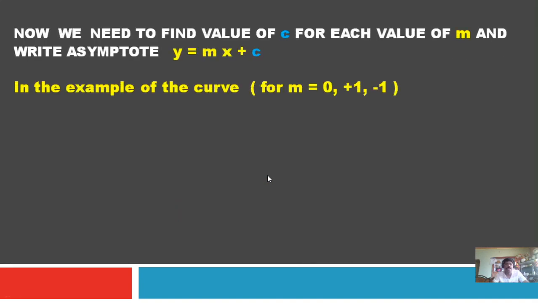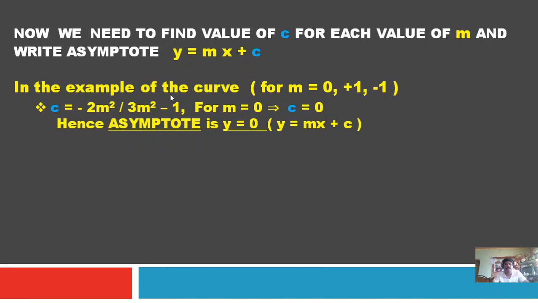Now we need to find the value of c for each value of m and write the asymptote in the form of y equals mx plus c. In the example we have taken, the values of m are 0, plus 1 and minus 1. All these values are distinct.